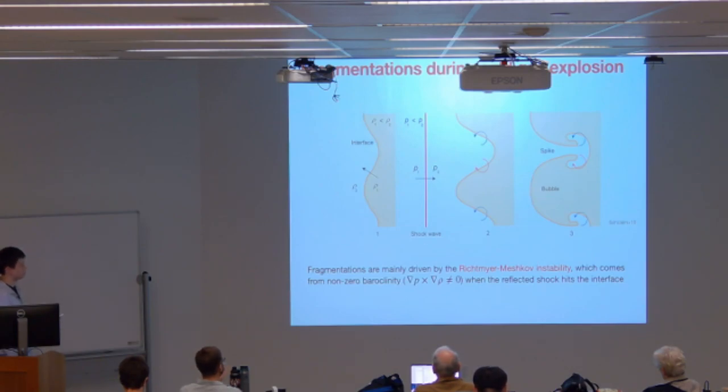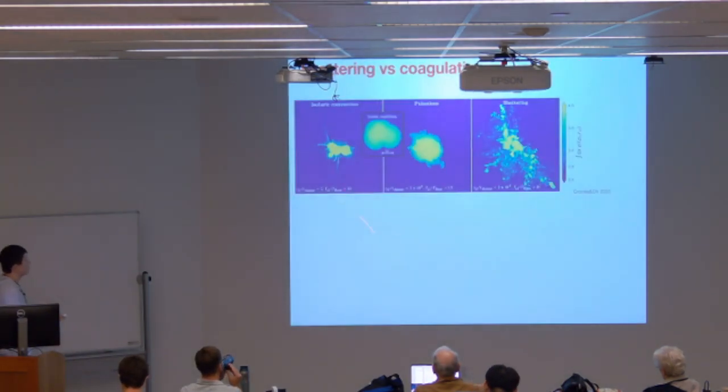We still call this shattering, but bear in mind that the picture has changed. Gronke in 2020 studied the thermally unstable cloud in a 3D simulation, and found there are two criteria for shattering.